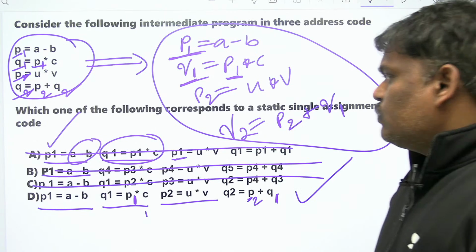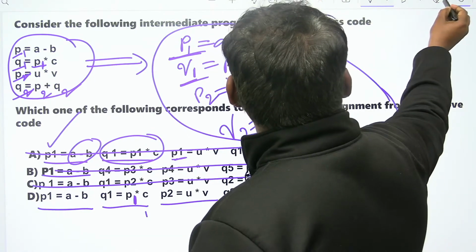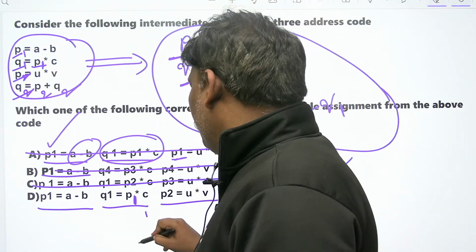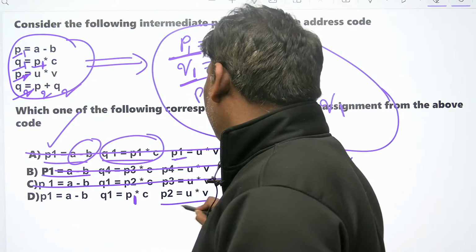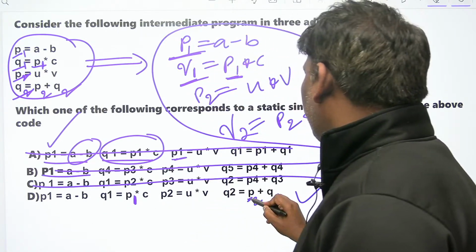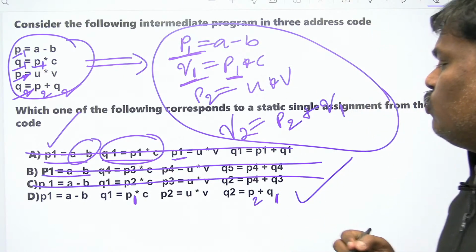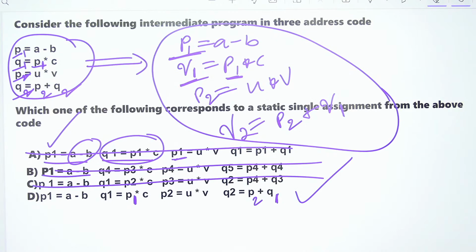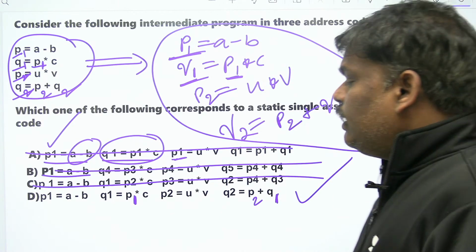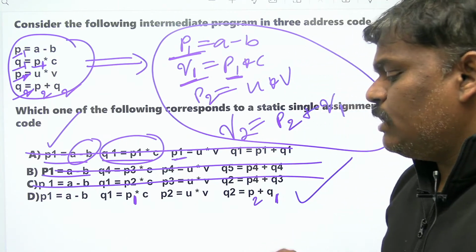So option D, just the labels below are missing. I'm really sorry, I thought everything was fine, but there is a small mistake. The answer is option D. See, A, B, C have no relation at all. D is the perfect answer. The only thing is labels missing.